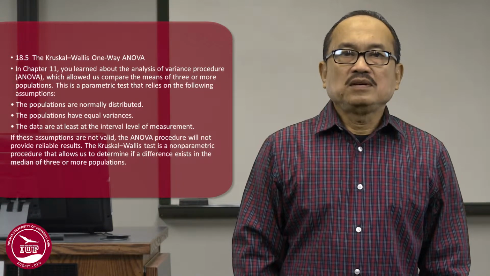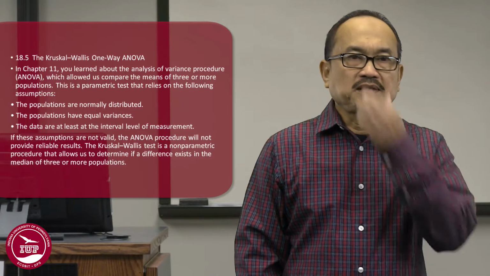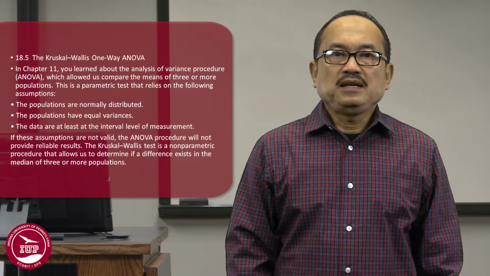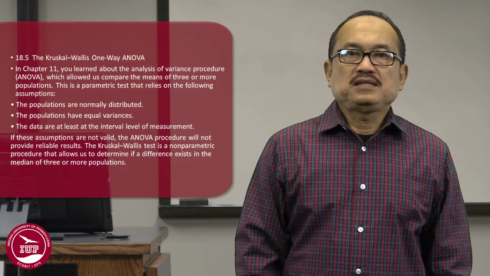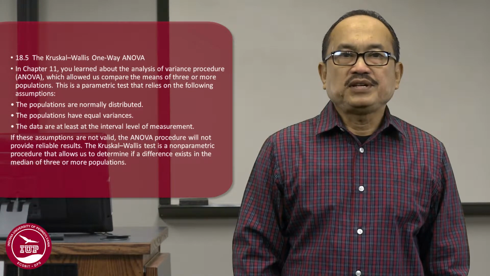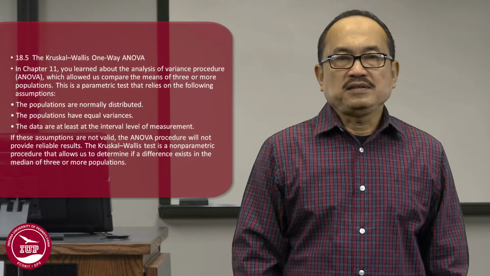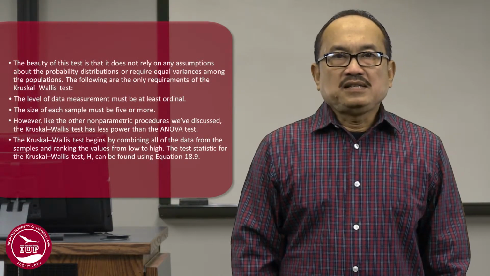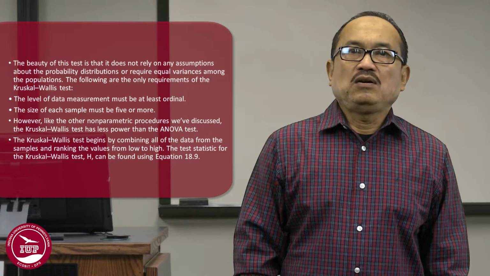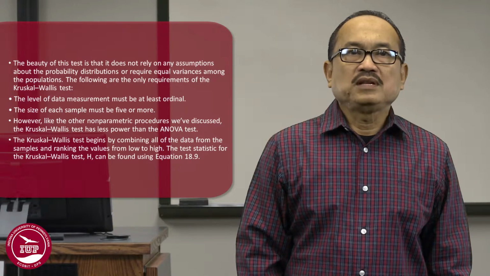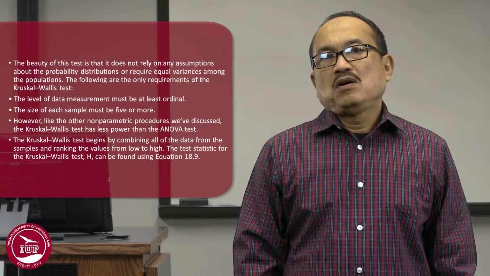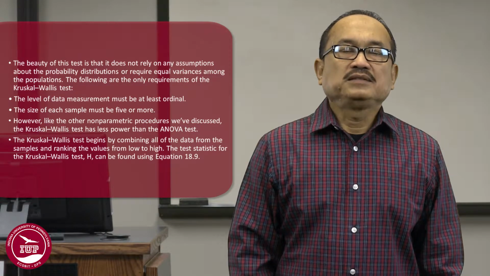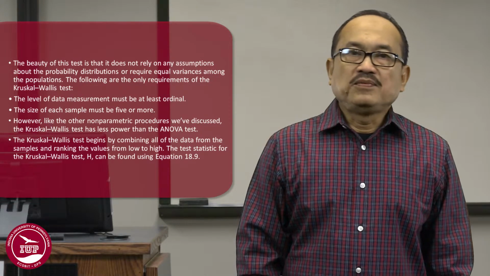The Kruskal-Wallis test is a non-parametric procedure that allows us to determine if a difference exists in the median of three or more populations. The beauty of this test is that it does not rely on any assumption about the probability distribution or require equal variances among the populations.